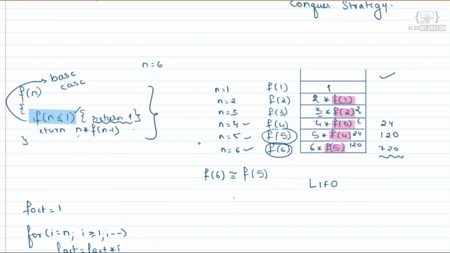If we don't have a base case, then this function will execute this statement, and due to this it will call f of n an infinite number of times. Due to this, stack overflow will occur.